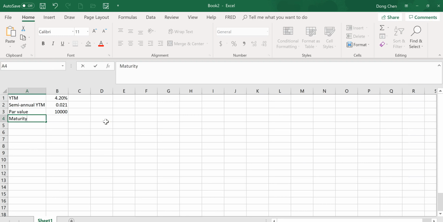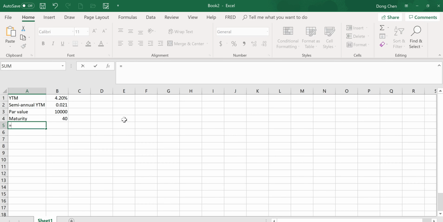maturity is 20 years. So again, we need to work with semi-annual terms for every variable. So that includes the maturity. So that means we need to convert this 20 years into the number of semi-annual periods by multiplying it by 2. So that gives us 40.